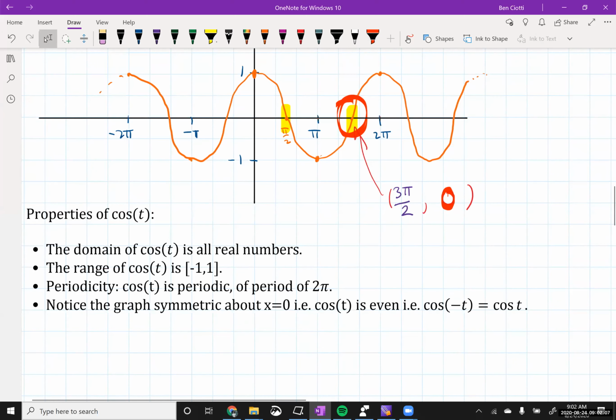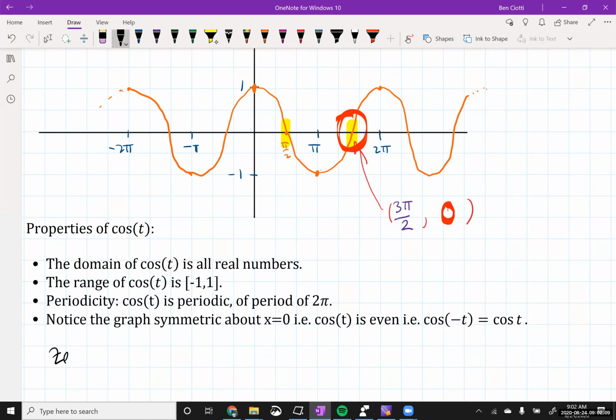If I wanted to list the zeros, and I'm not really supposed to talk about zeros today because that's more of a topic for next lecture when we start talking about inverse trig functions, but because it's such a good question, I'll answer it now. The zeros happen at pi over 2, then 3 pi over 2. Maybe some of you can spot the pattern already. The next zero will be at 5 pi over 2, and then 7 pi over 2, and so forth.